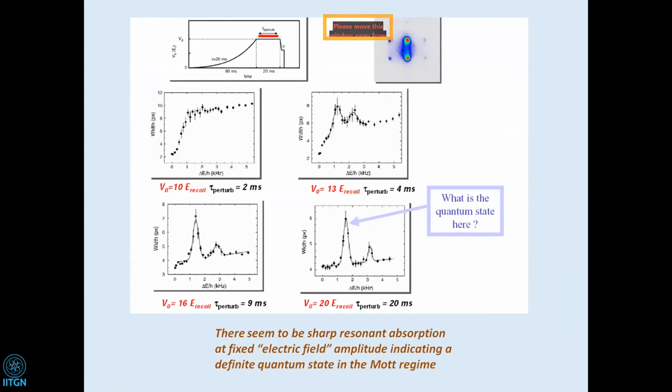Now you see there's a very interesting effect out here. If you are in the superfluid phase, when your V0 was 10 recoil energy, you see that as you increase the amplitude of this electric field, which is created by shifting the lattice, that is, by increasing the shift, more and more energy is absorbed.